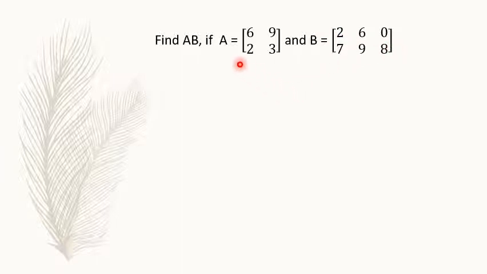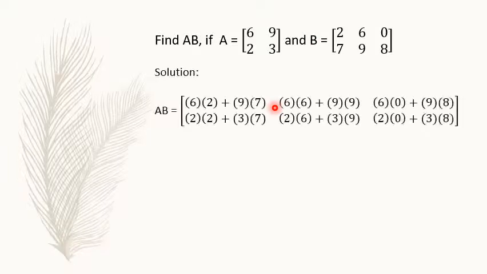So we can multiply A and B. Here AB: first row, first column is 6 into 2, 9 into 7. First row, second column: 6 into 6, 9 into 9. First row, third column: 6 into 0, 9 into 8.